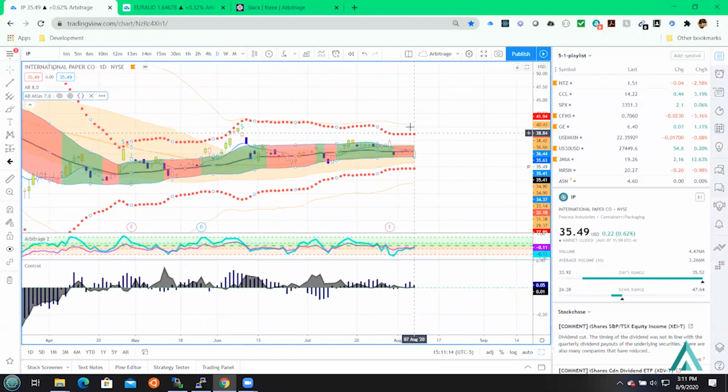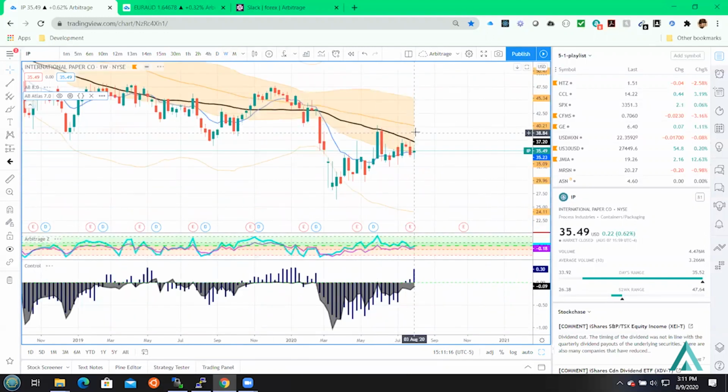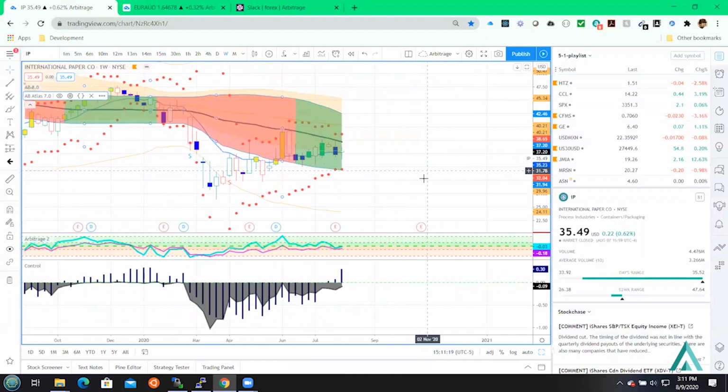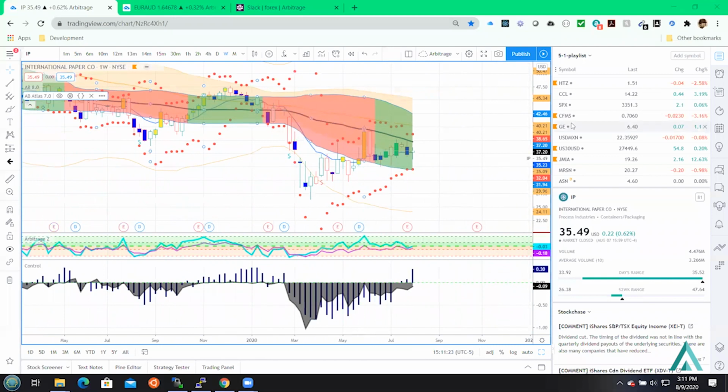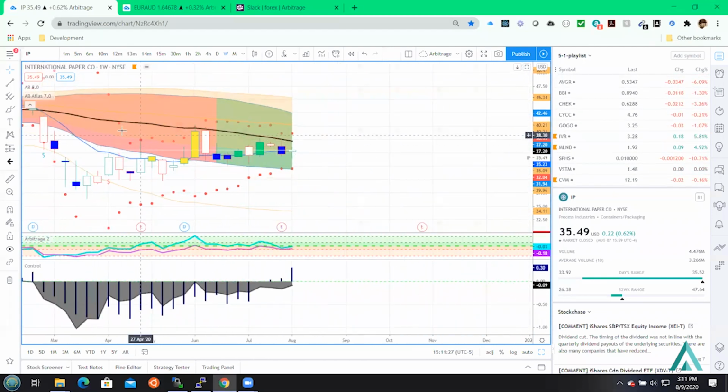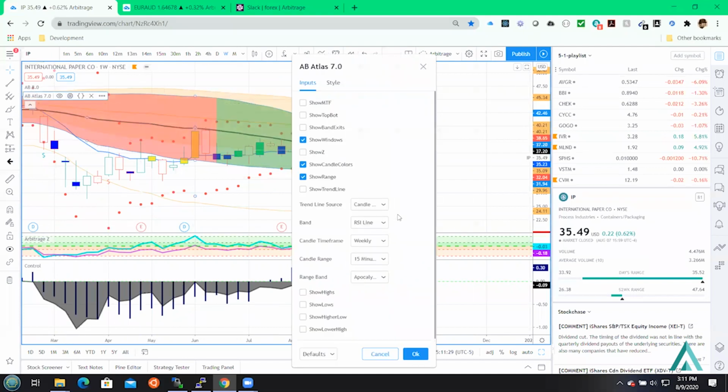But what was happening is on the 15-minute, if I went to the weekly time frame, it may have been too close, and it may be a bit too scattered for some. So we've allowed larger time frames, so we can actually bring it to the 60.